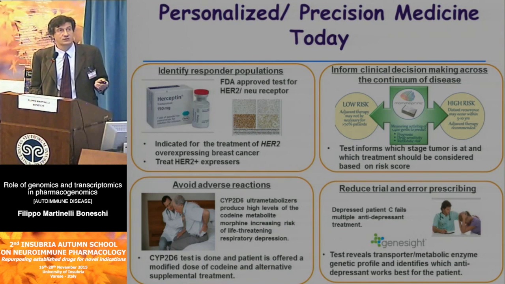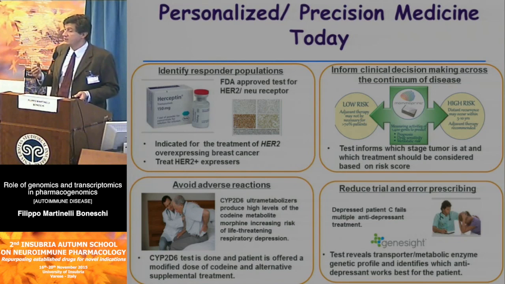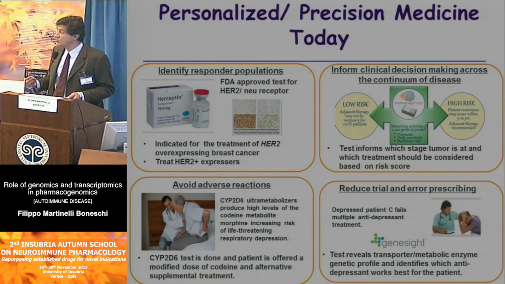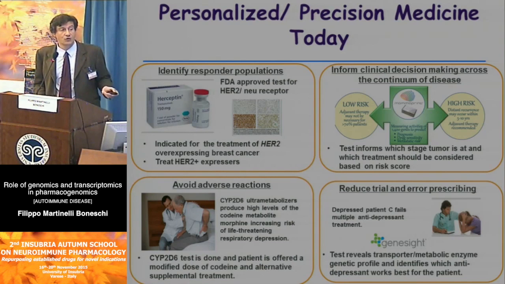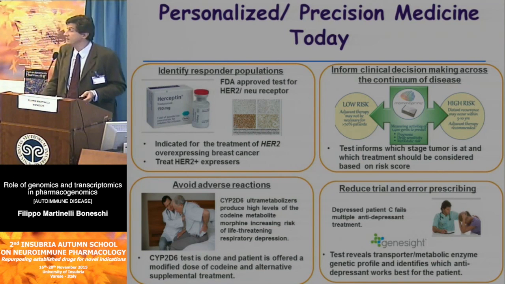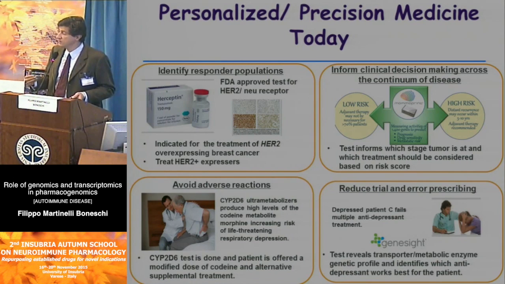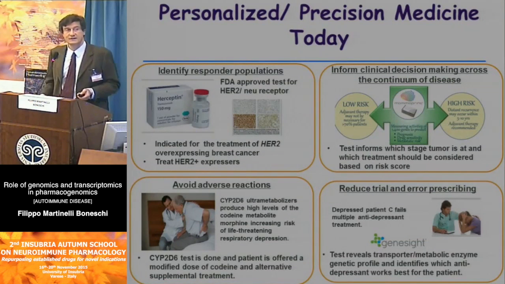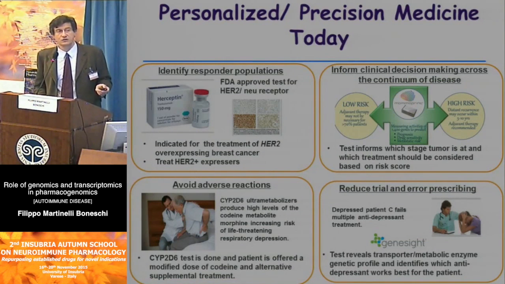We can also use personalized and precision medicine to avoid adverse reactions, so to be able to know in advance which patients will develop adverse events following a specific treatment. We will also be able to stratify patients based on the severity of their disease, among high risk and low risk, and maybe to decide whether to treat patients with a high-risk form of disease with a more aggressive drug, and patients with a less severe type of disorder with a less strong drug.